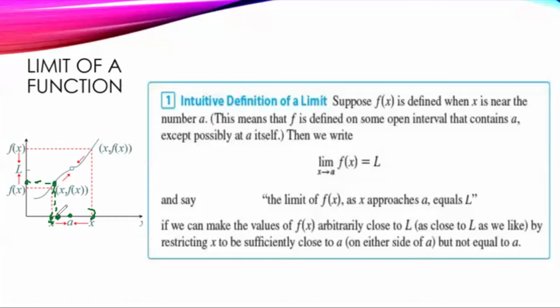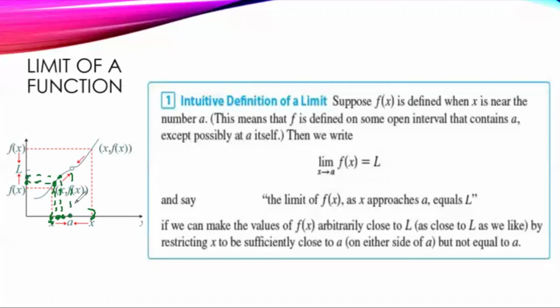Now, if we keep on moving this point, approaching A, the corresponding y value is this. And so on. So this is the point A here. As you can see, as x approaches A, the y value approaches a certain value, right?